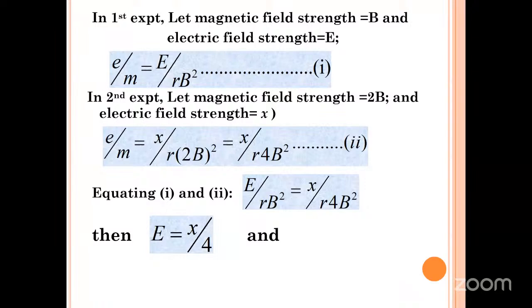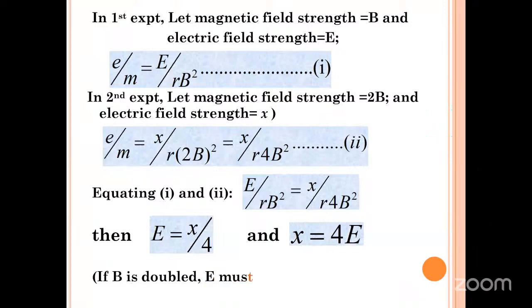So what is X? X equals 4E. So that means the electric field strength must be quadrupled. If the magnetic field strength is doubled, the electric field strength must be quadrupled. That is multiplied by a factor of 4. That is what we are saying.